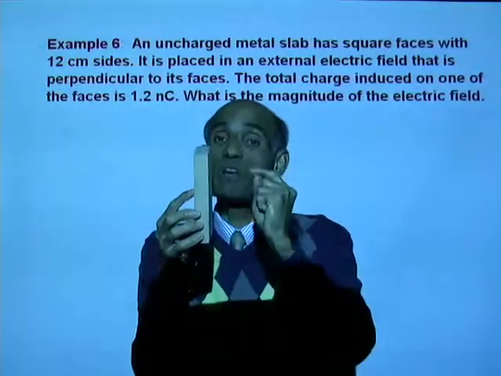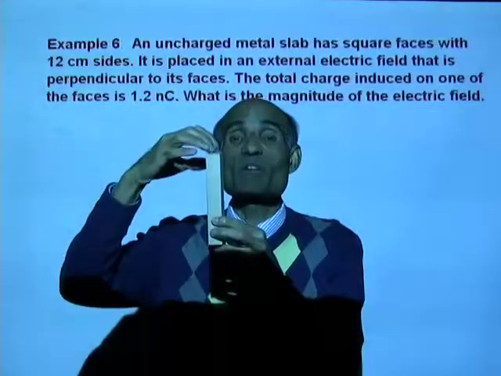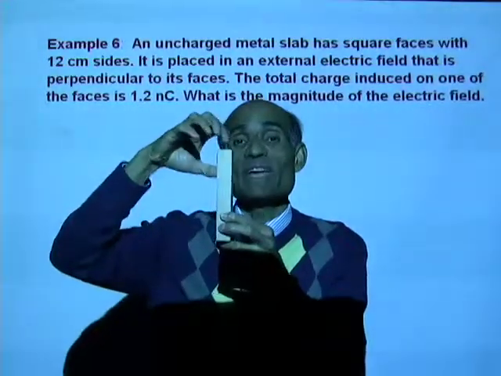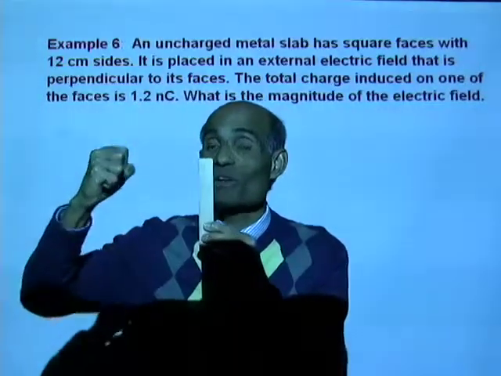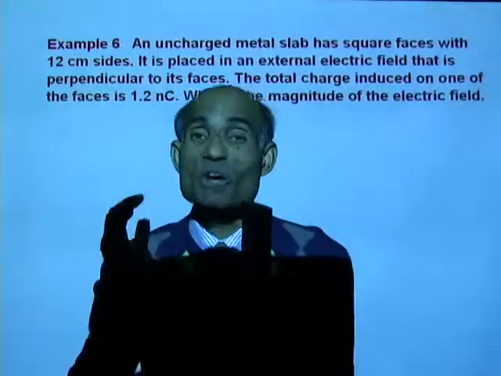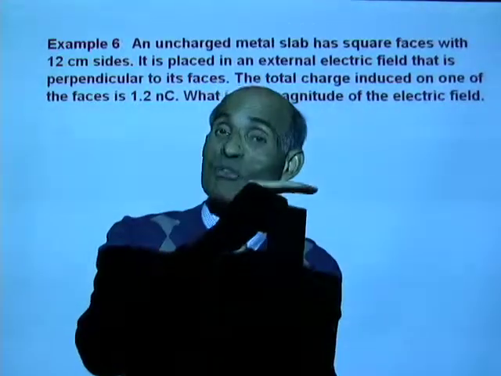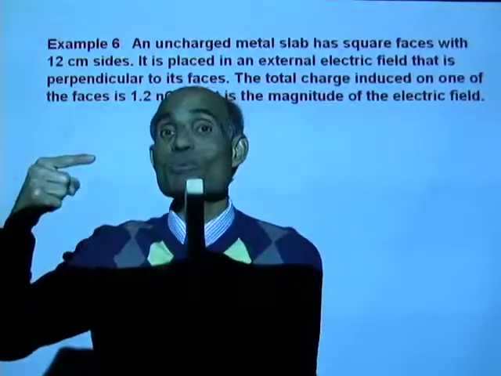Remember, the electric field will make free charges move. So inside the metal slab, the electrons will move opposite to the direction of the field. Remember, the direction of the electric field is the direction of motion of a positive charge. That means the electrons will move opposite to that.